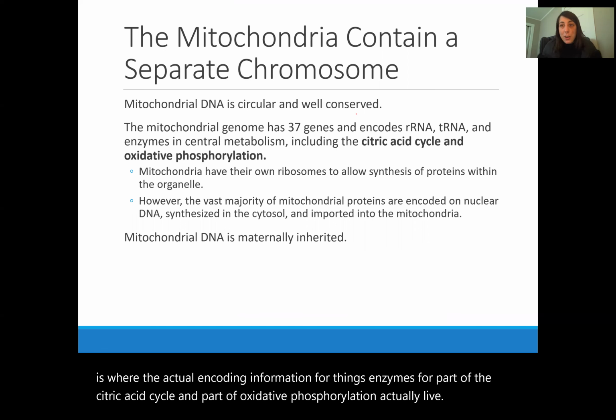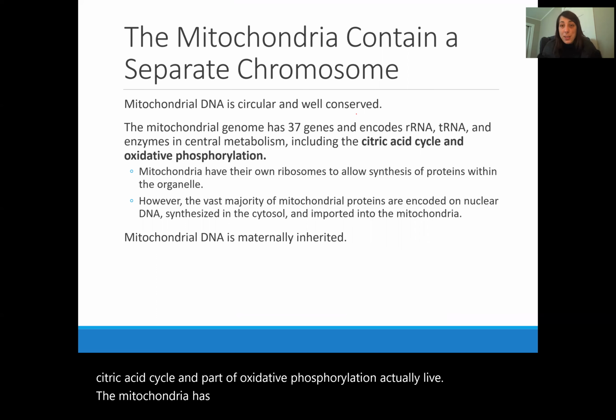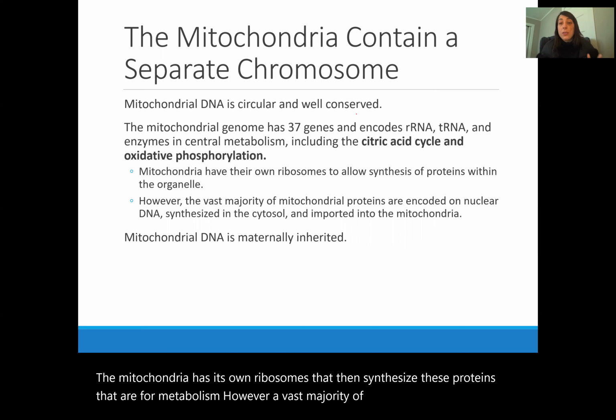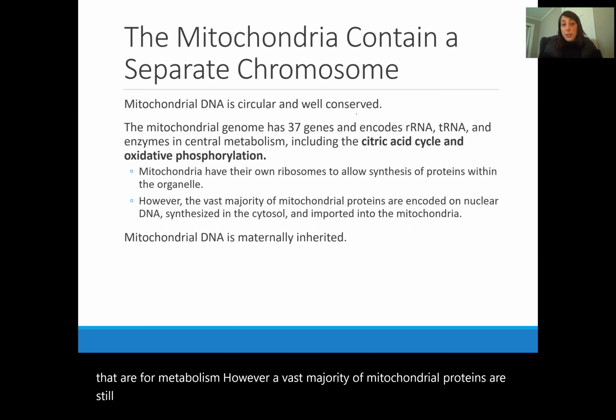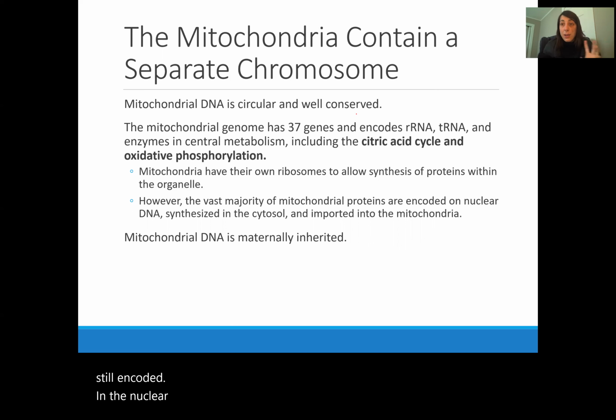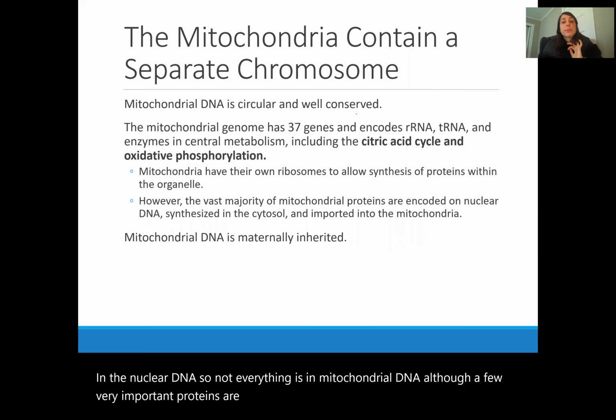The mitochondria has its own ribosomes that then synthesize these proteins that are for metabolism. However, a vast majority of mitochondrial proteins are still encoded in the nuclear DNA. So not everything is in mitochondrial DNA, although a few very important proteins are encoded in this DNA.